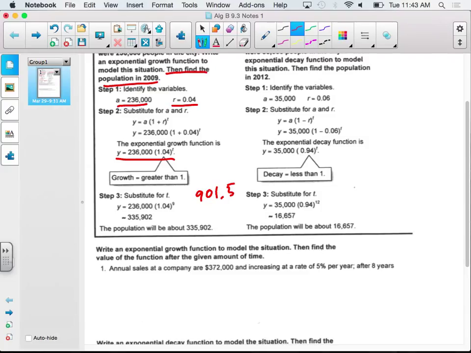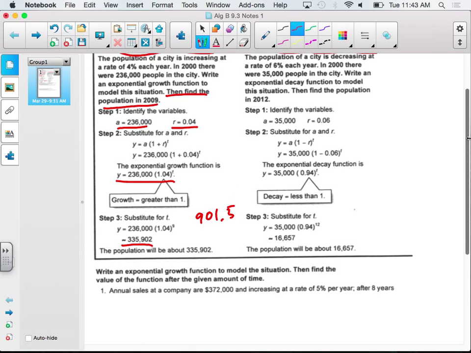Can we have a fraction of a person? No, because we're really talking about population, which involves people, so we should round that up, right? So that's where they get the 335,902. So what is that answer telling us about what we just did?